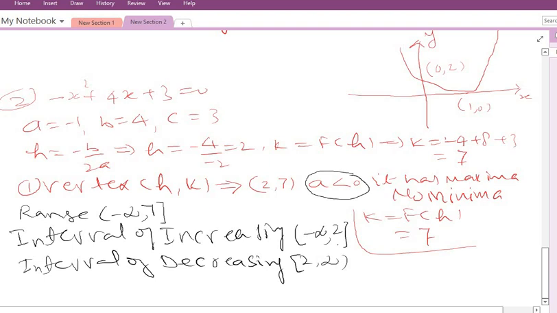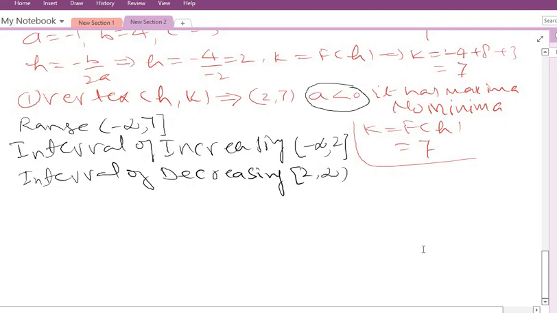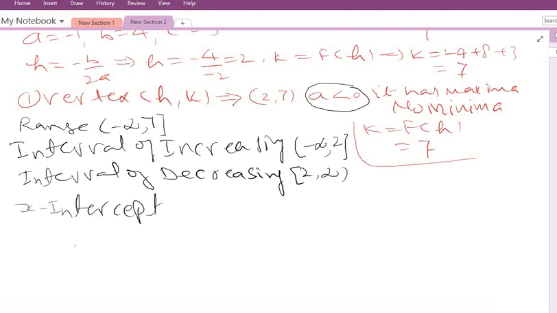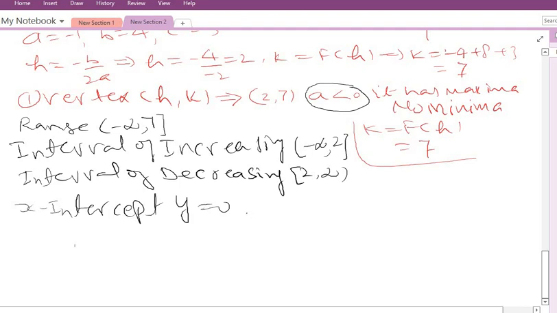Now x-intercept and y-intercept. X-intercept means put y is equal to 0. So when we put y is equal to 0 in the equation, my equation is minus x square plus 4x plus 3 equal to 0.